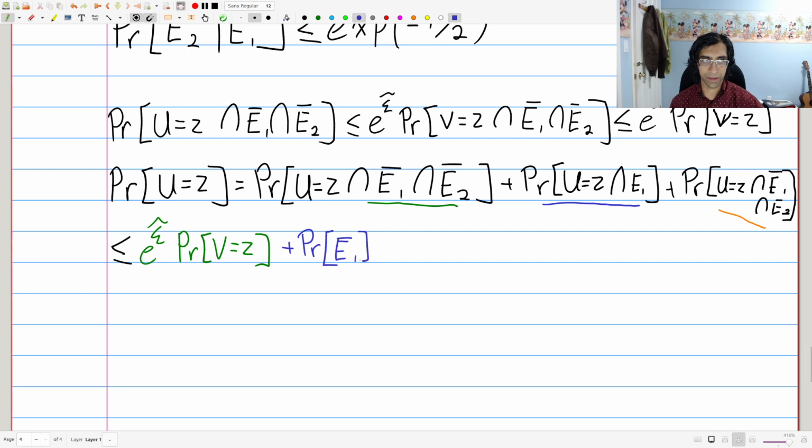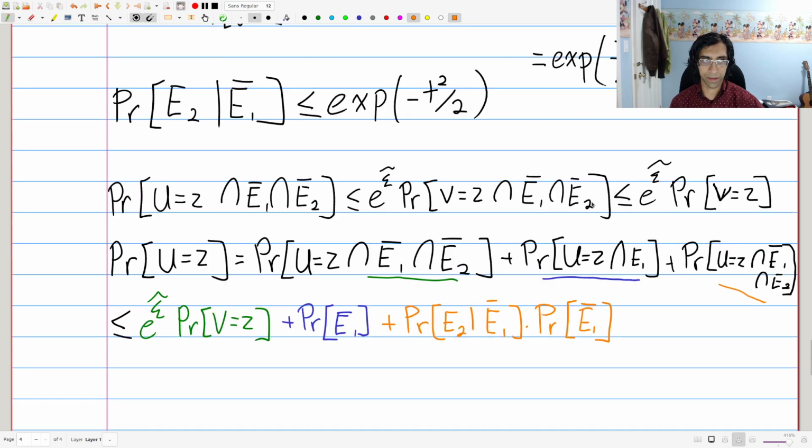And this is the same reason as before, if it's A and B, that's less than the probability of just B happening. And similarly, the third term can be written in the same way, get rid of this U equals Z, and then also split it up using just basic probability facts. So we'll do this, probability of E2, conditioning on E1, times probability of E1 bar. So that's how we'll break it up.